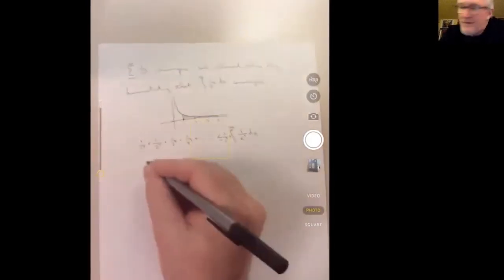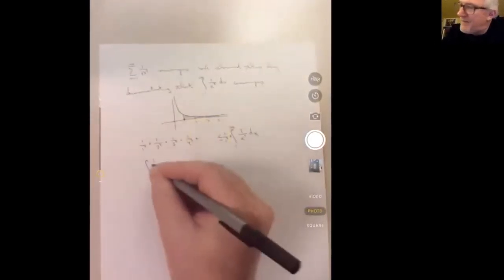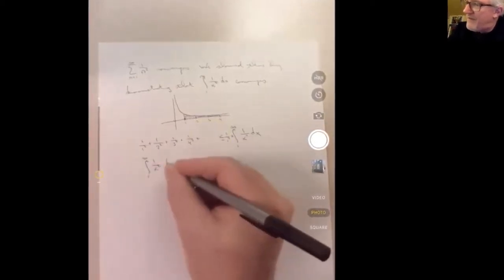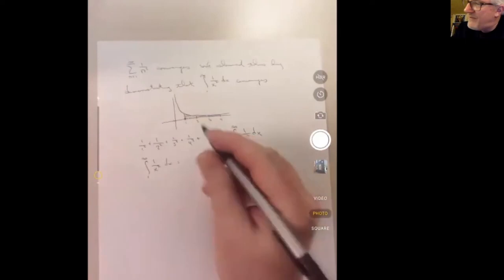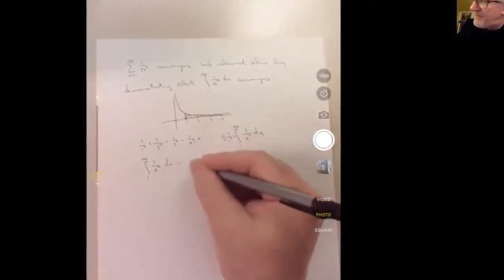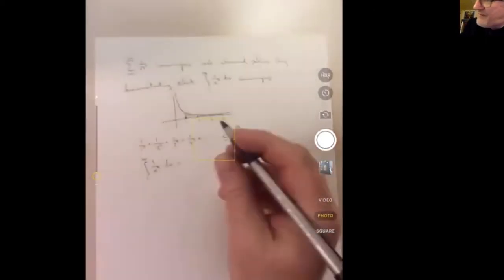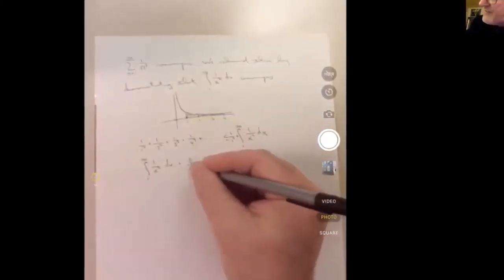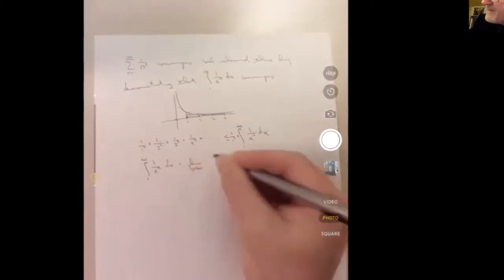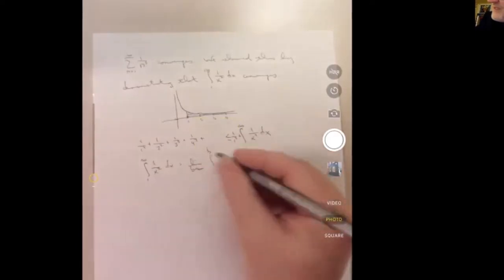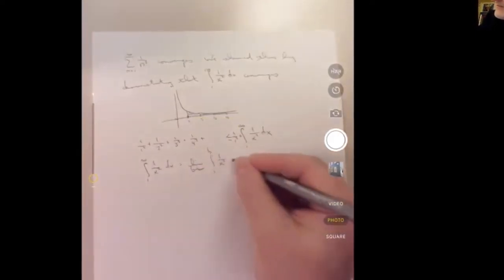But the integral from 1 to infinity of 1 over x squared, let's see, we can't go all the way to infinity with an integral using the fundamental theorem of calculus. So we use limits. Take the limit as b approaches infinity of the integral from 1 to b of 1 over x squared dx.